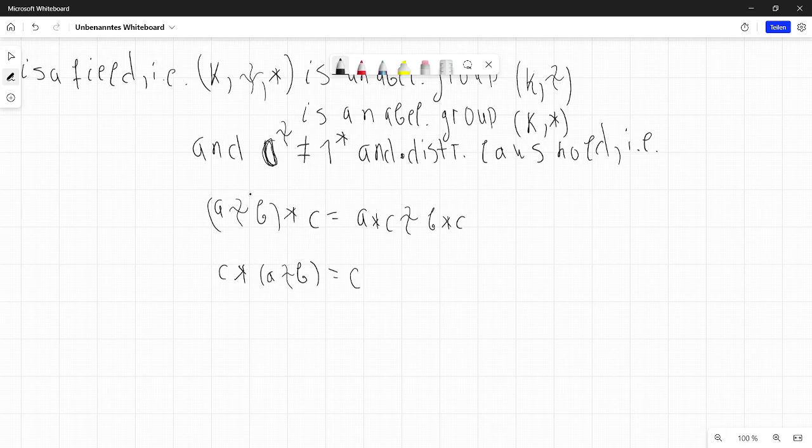Since we have commutativity, you see that C multiplied by A is the same as A multiplied by C. And of course, we adopt the usual convention. Here you could put brackets, but we just assume that when I write something like this, multiplication binds stronger than the addition.